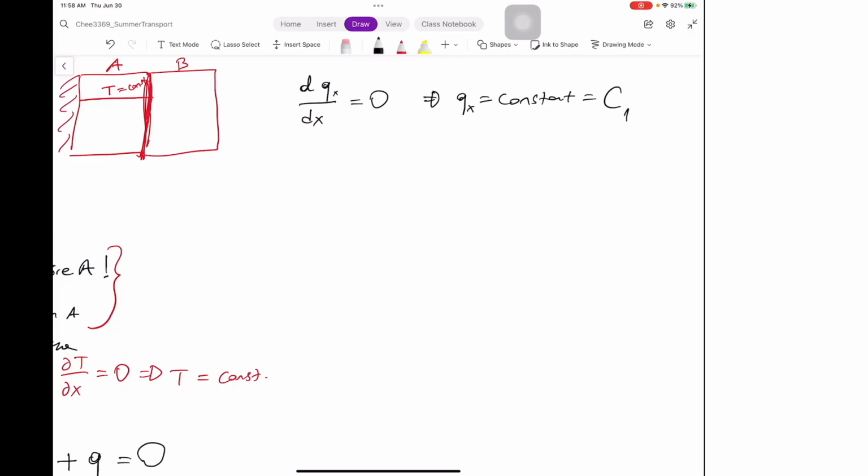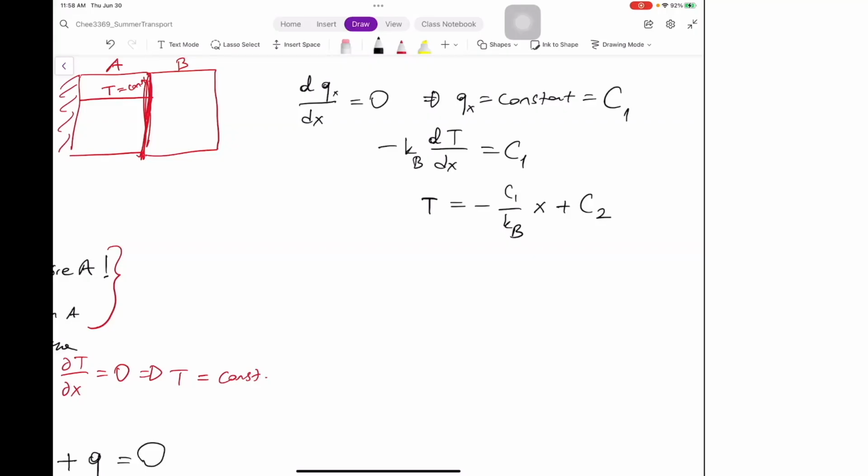Then minus KB dT over dx must be equal to C1. From here, if you take the integral, you would find T is equal to minus C1 over KB x plus C2, correct?